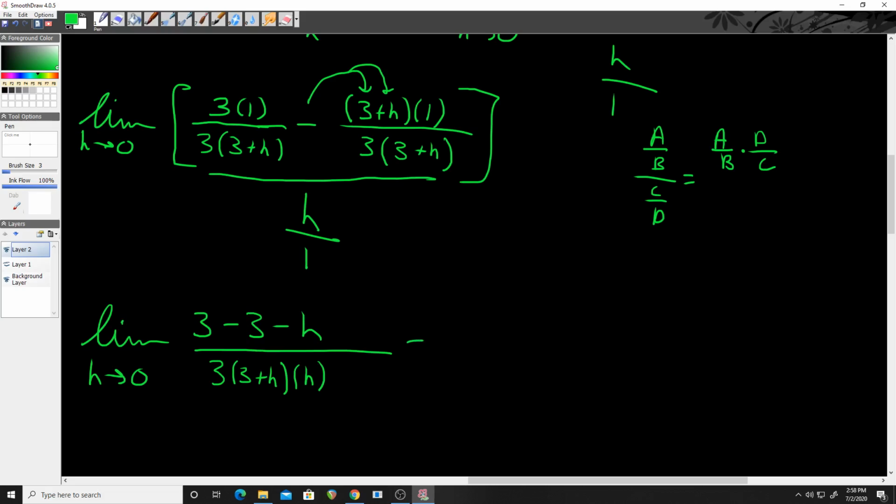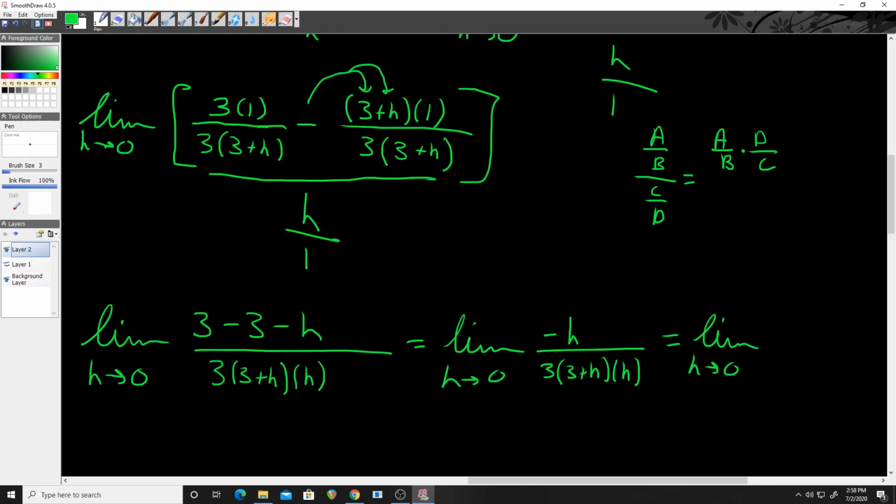Okay, so we get limit h approaches 0. 3 minus 3 is 0. We get negative h over 3 times 3 plus h times h. And the h's are going to go away, so we get limit h approaches 0 of, and again, h's go away.